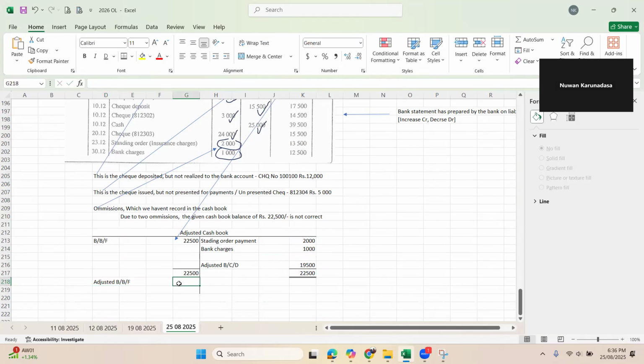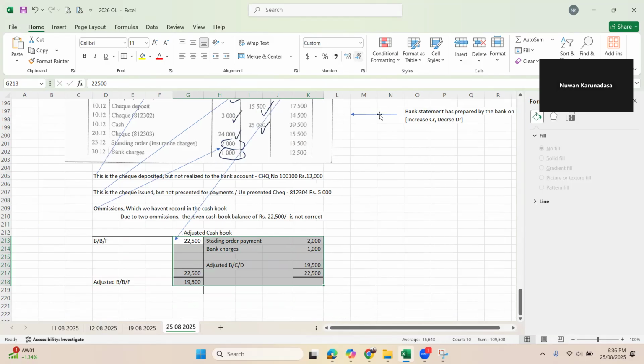Adjusted balance brought forward comes here, 19,500. This is the way you do the adjusted cash book. Remember, very important, how to prepare the adjusted cash book.